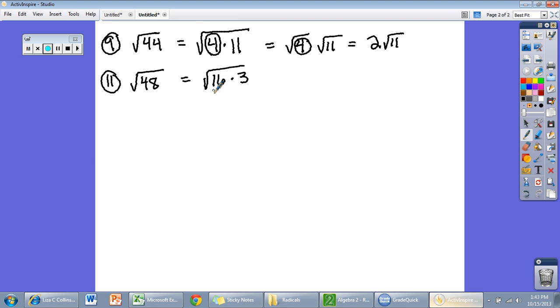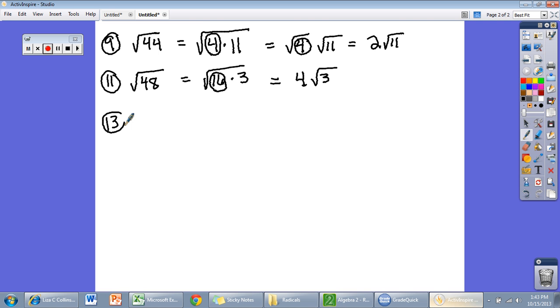So our perfect square here is 16. So that's what we're going to be taking outside and taking the square root of. I'm not going to write this intermediate step here. I know that I'm doing the square root of 16, which is 4. I'm taking that one outside. But 3 is not a perfect square. I didn't circle it, so that means I'm leaving it inside. So the square root of 48 simplified is 4 times the square root of 3.